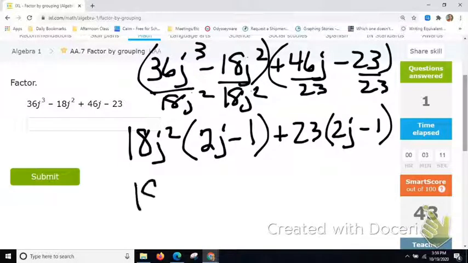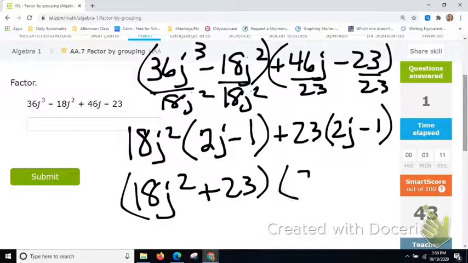So then I have 18j squared plus 23, 2j minus 1.